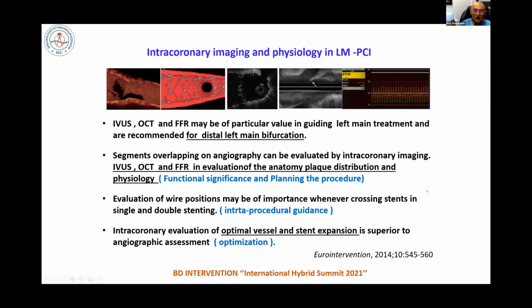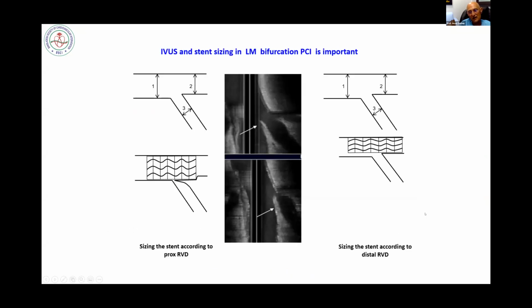But of course, we have to optimize, we have to be guided by something more detailed compared to angio, and this is intravascular imaging, which might help us to plan our procedure. The functional evaluation can also give some contribution, as intra-procedural guidance to do what is necessary for the patient and to optimize. This is very important, to optimize the final result.